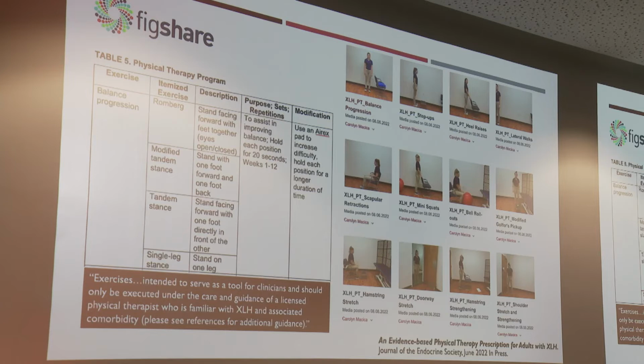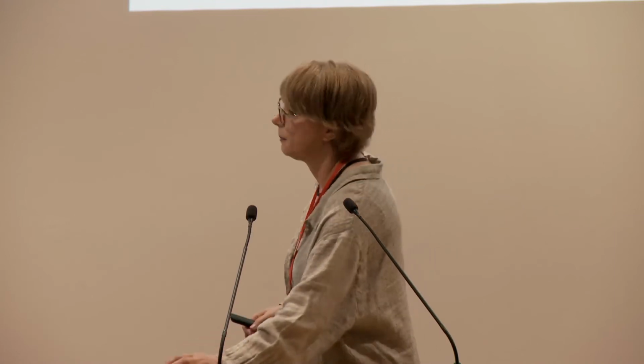So they may start with a 1 pound weight and move up to 3 pound weights, which they both did successfully. And again, we make mention on the videos that this is intended to be implemented by a trained, licensed physical therapist, that this is not meant for patients to go on and do the exercises, that it should be done under the guidance of a physical therapist.